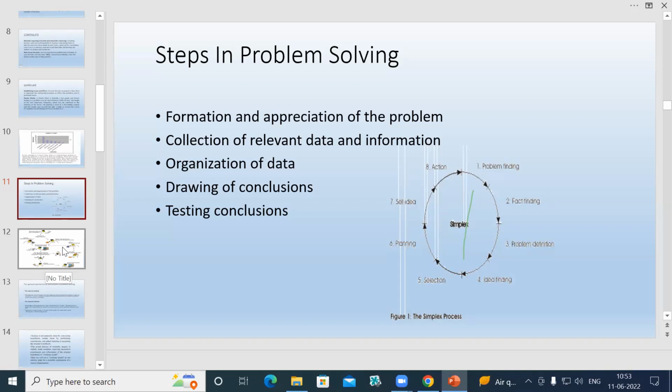And one major thing you should understand, the problem should always be within the capacity of the child, not out of the capacity of the child. That is why we always discuss it with the student, then the problem is formulated. The problem should always be related to the real life situation of the students. It should have maximum educational opportunity to learn and apply the facts related to your subject.